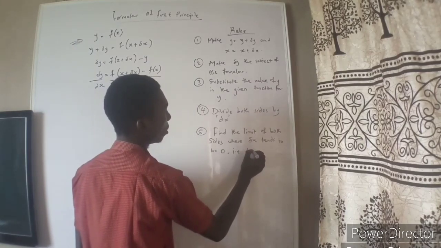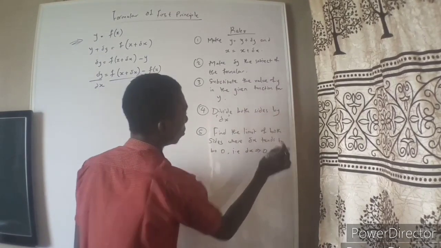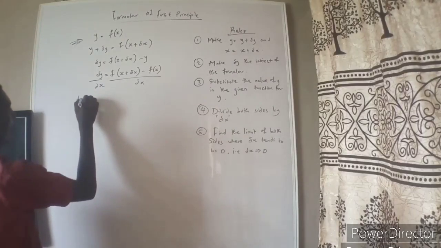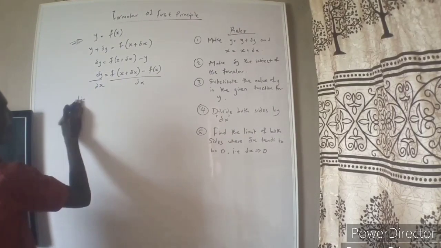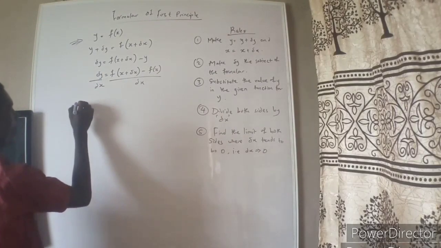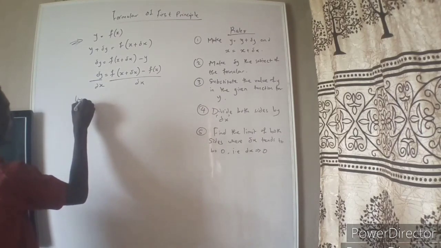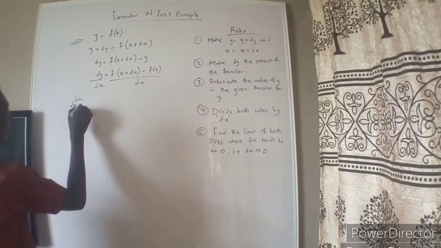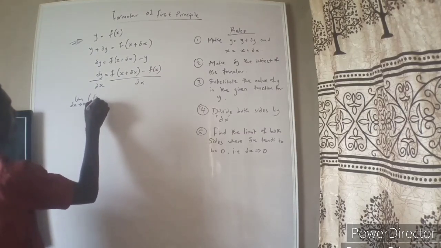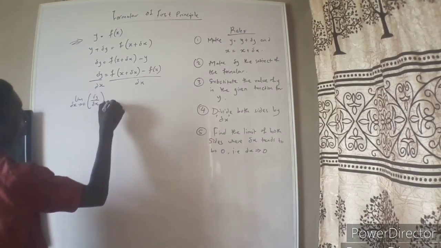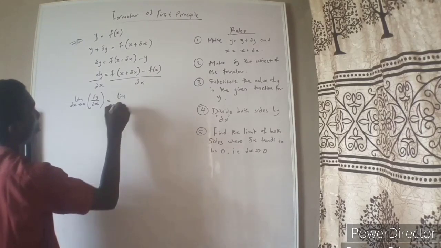That is, delta x tends to 0. So what we are supposed to do is limit what? We have to limit delta x. So we're having limit delta x tends to 0 here, and also limit it here too.